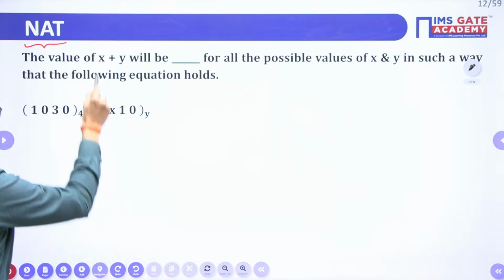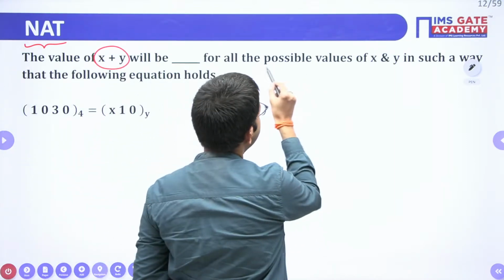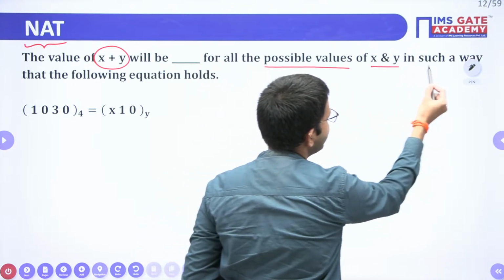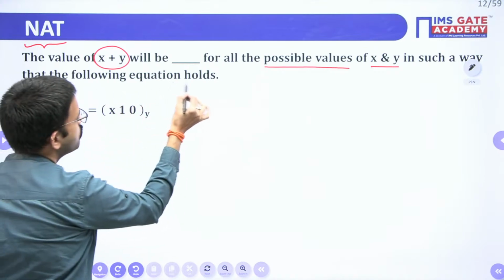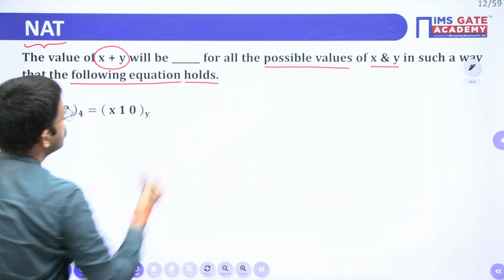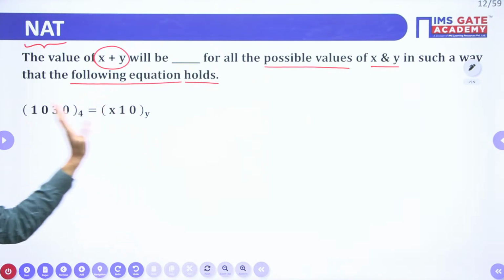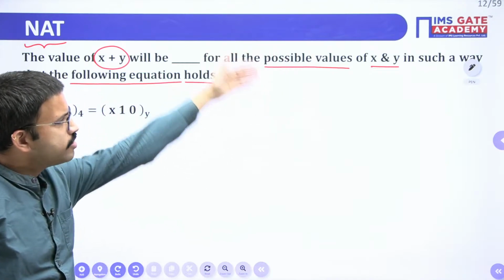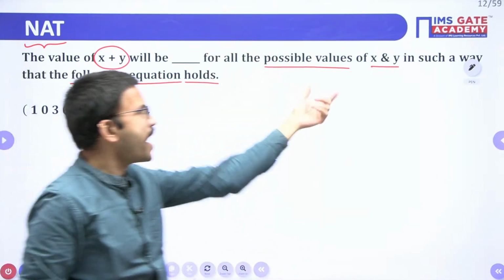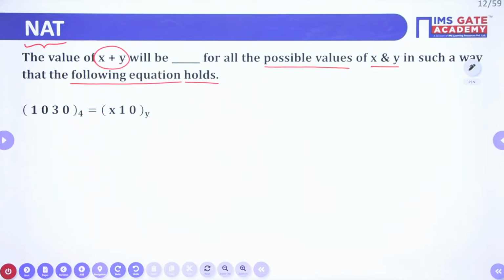Here they are asking for the value of x plus y for all the possible values of x and y such that the following equation holds. They have given one equation like this. For all the possible values of x and y that satisfy this equation, just add them together, and the overall number you get is the answer. So all of you try this question.